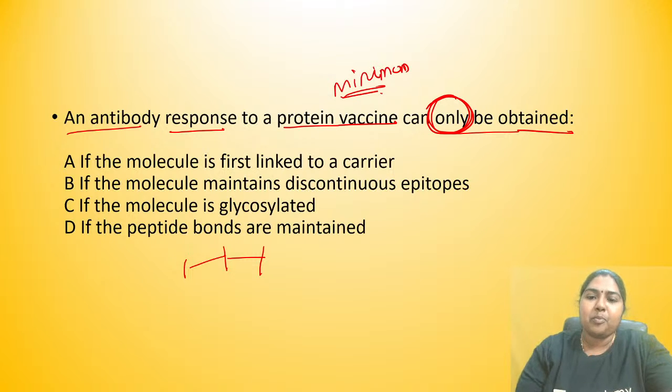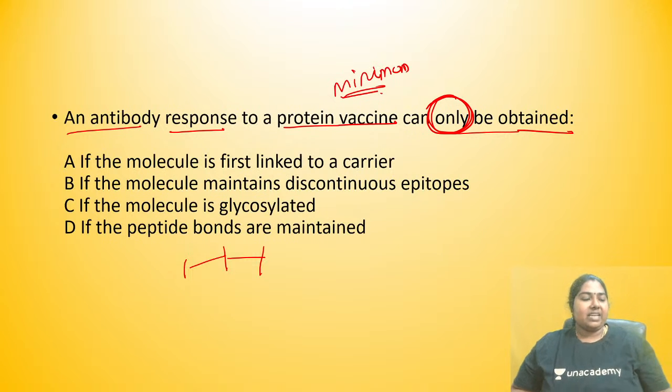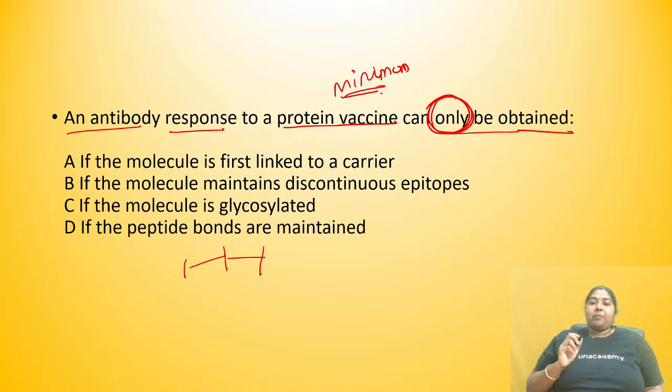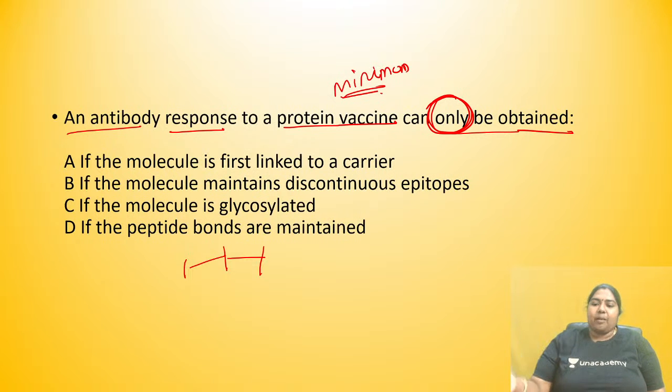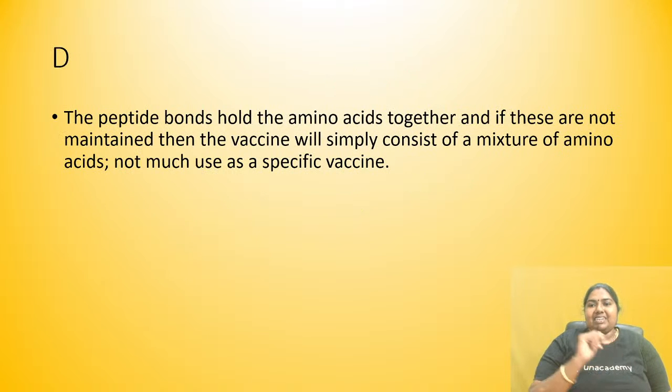It will become a subunit. Got the point? Now you understood the logic behind this question. If there is no peptide bond between the proteins, it will degrade. Then there are only subunits, that is not enough to make anything. So the minimum one is going to be the peptide bond.